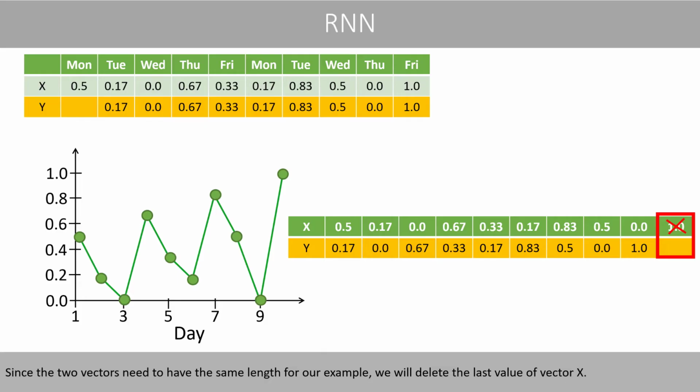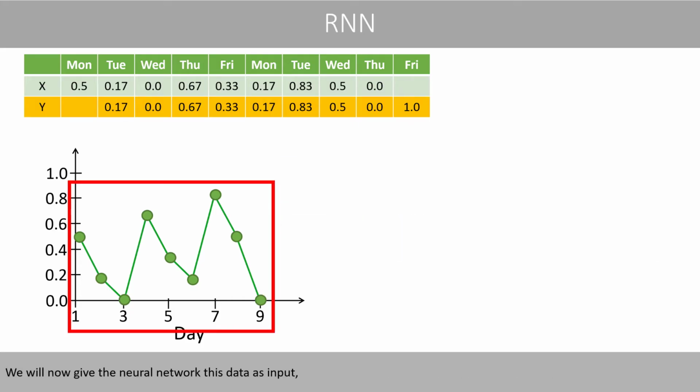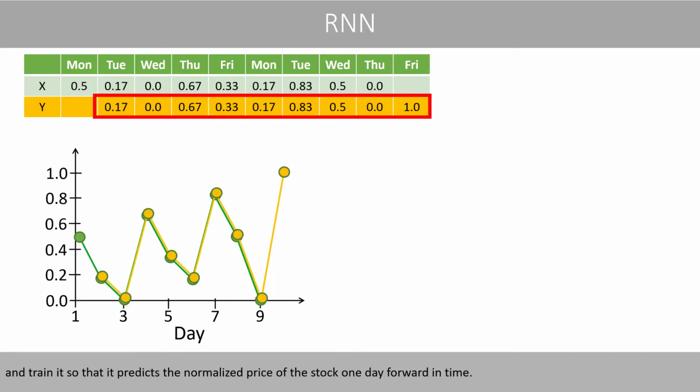Since the 2 vectors need to have the same length for our example, we will delete the last value of vector x. We therefore delete this value. We will now give the network this data as input and train it so that it predicts the normalized price of the stock 1 day forward in time.